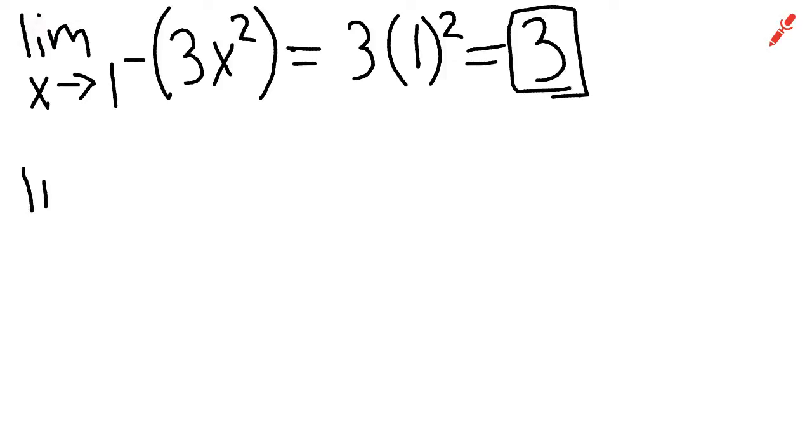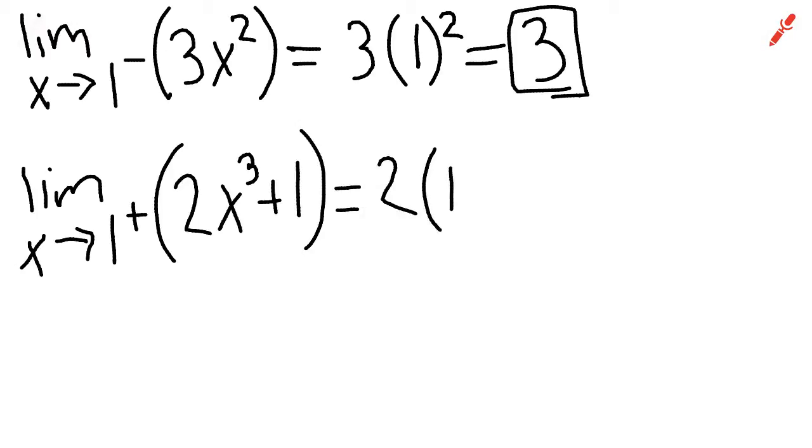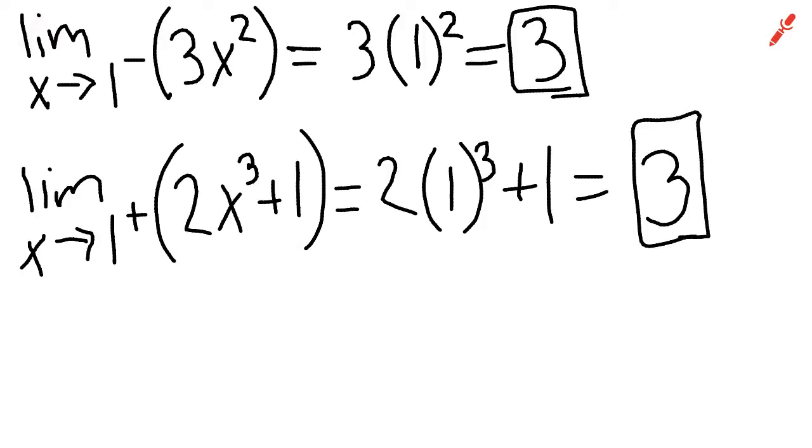Now we find the second limit. x goes to 1 through the right side, and the equation is 2x cubed plus 1, and we plug in the 1, and so the result will also be 3.